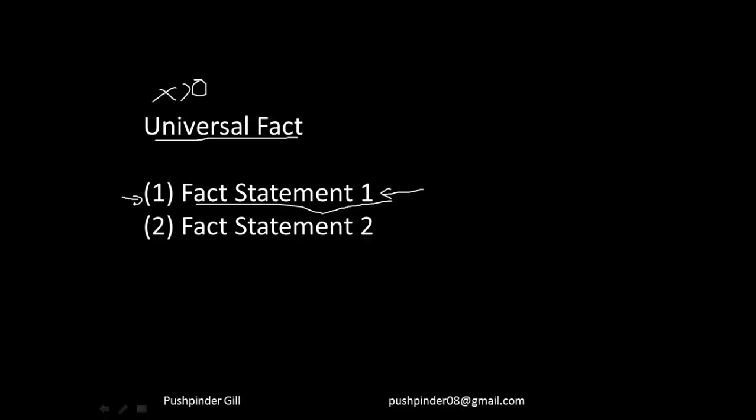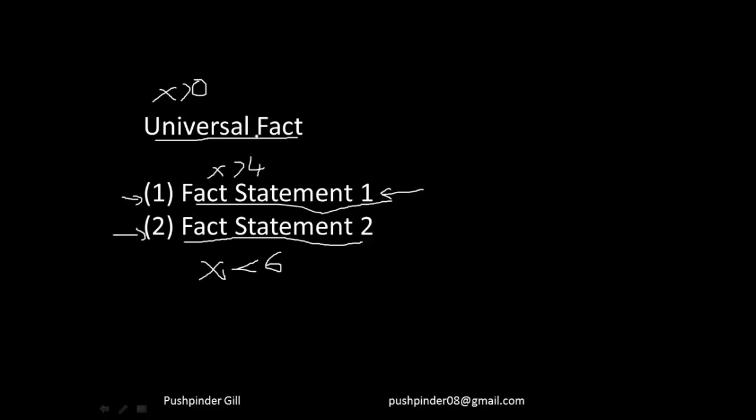So let's suppose it says x is greater than 4. When you're considering this statement, x will always be greater than 4. However, x greater than 0 will always apply here. And this is fact statement 2. If you say x is less than 6, this is going to remain true only for fact statement 2.